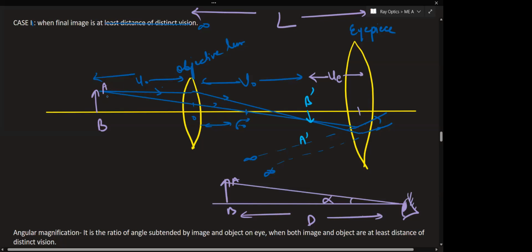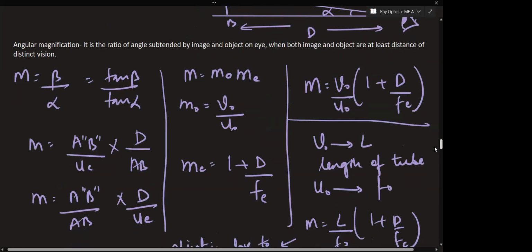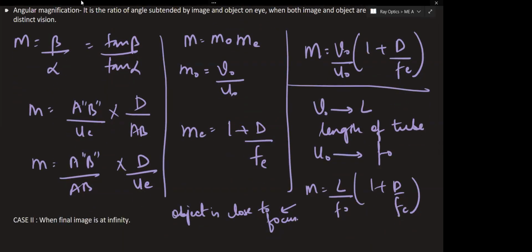Now what will be the difference? Object distance will be equal to the focal length of the eyepiece. Same thing, the way we have repeated in the case of the compound microscope. So what will be the difference in the angular magnification? For the objective part, there won't be any change.